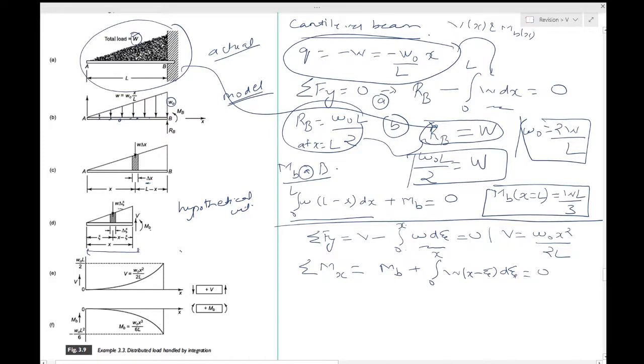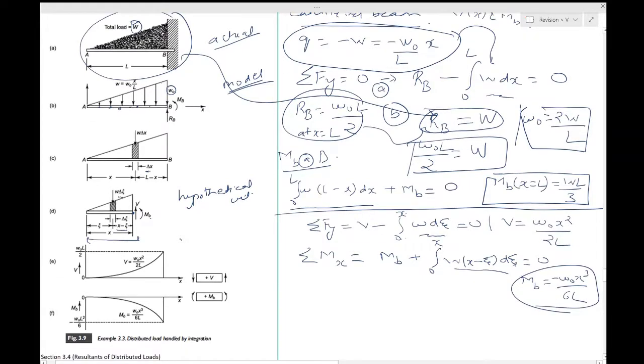You are calculating it from over here. W acts like this, the force will be W into dE, and then it will act over the lever arm X minus E, and that's how you have this term. So this should give you MB equal to minus W naught X cube by 6L.